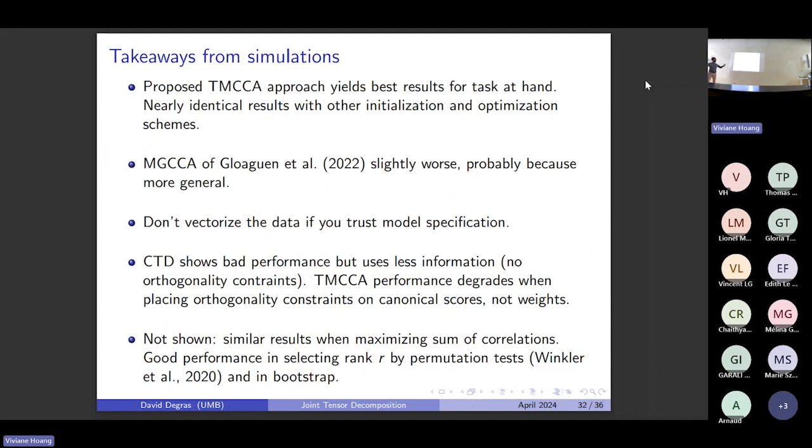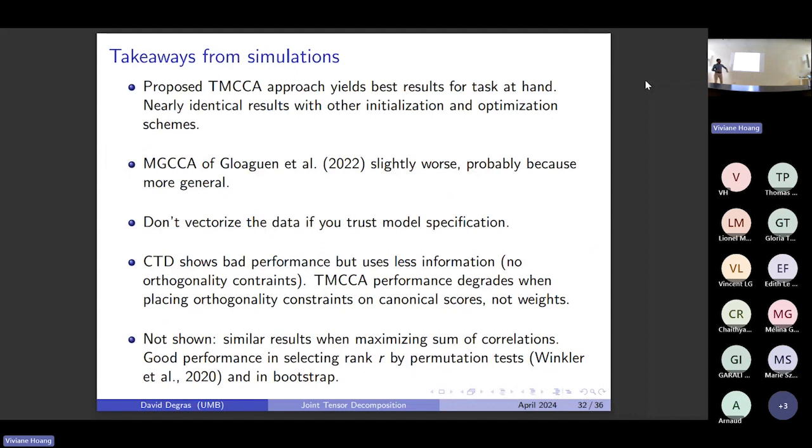It can do different types of optimizations that handle different objective functions. So this one is a little more specialized, so maybe it's not so surprising that it does better. The other takeaway is that if you trust approximately the separability of the decomposition along different modes, you can vectorize the data.